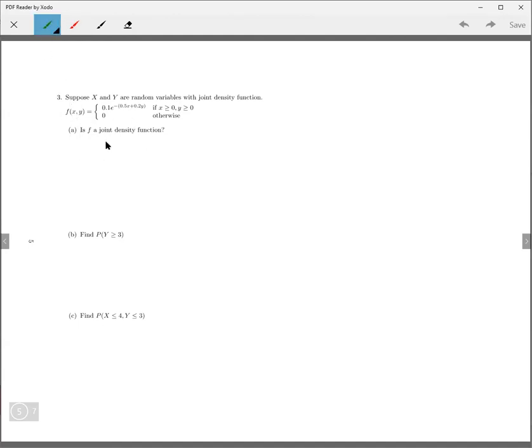So to determine if it's a density function, this is always positive, right? Greater than or equal to 0. This is 0 right here. So we take the integral over all of the function.